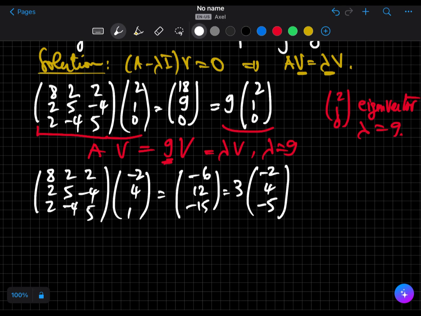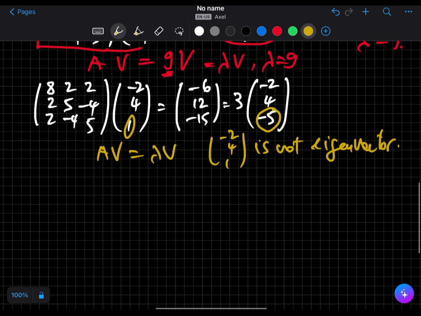So you see that there is a difference. The vector we are checking is (-2, 4, 1), but here we got (-2, 4, -5). So we can see that we don't have AV equals lambda V.